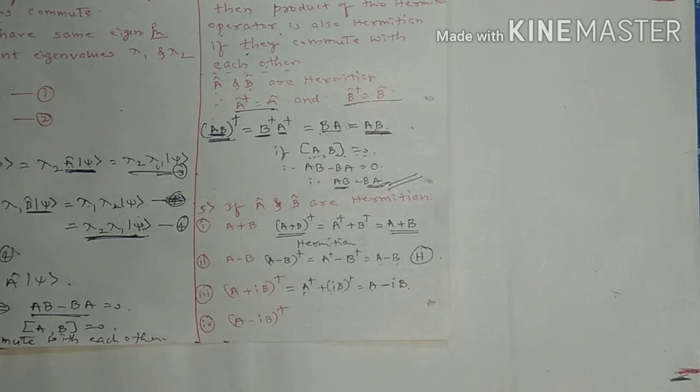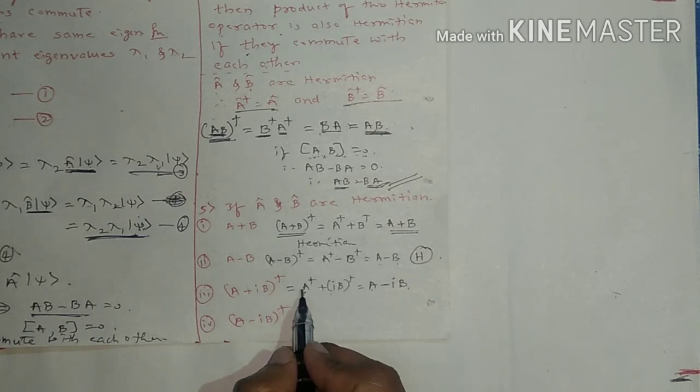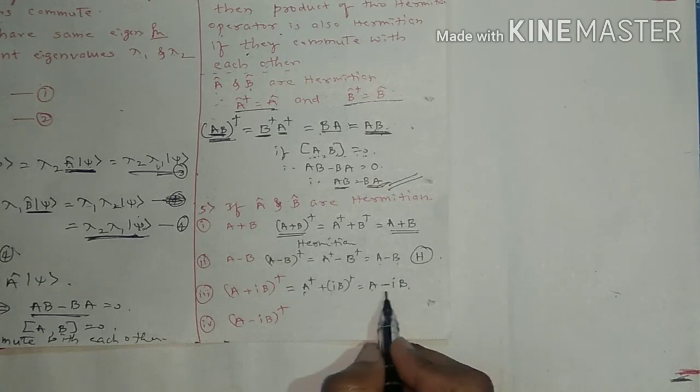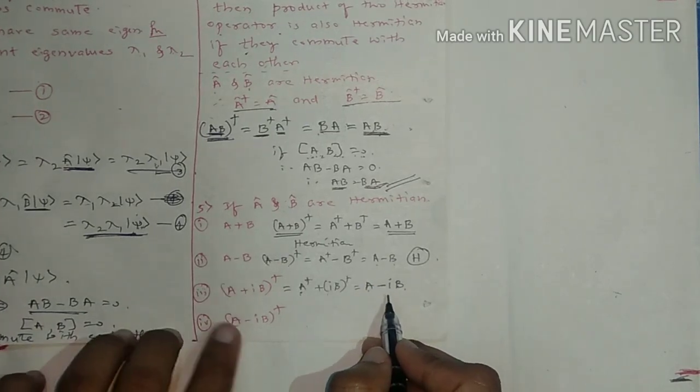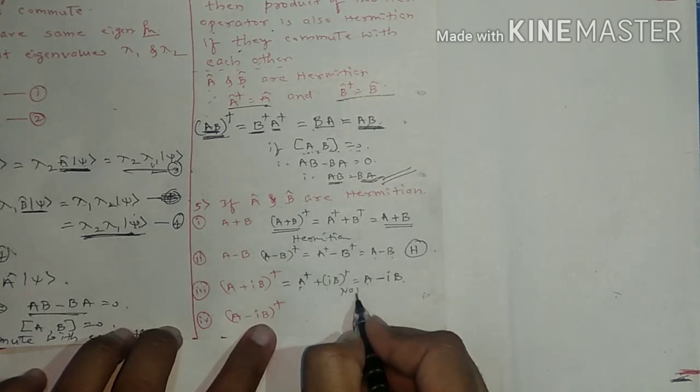So is it skew Hermitian? To get skew Hermitian, we should get (A plus iB) dagger is equal to minus A minus iB, but we did not get this one, so we can't write this as skew Hermitian. We just say that this is not Hermitian.